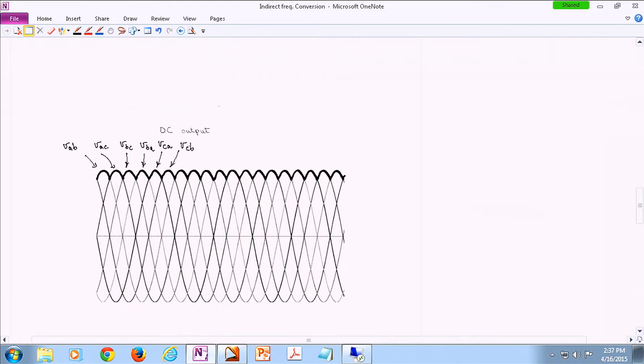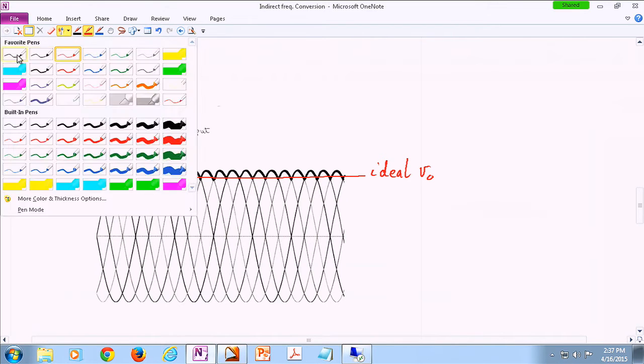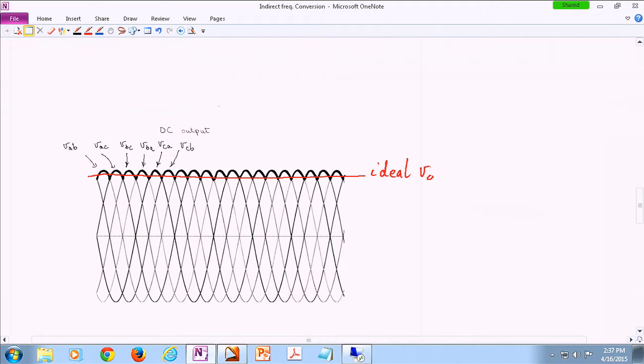Okay. So technically, any signal that you want, as long as it is within this area, you can see which one of these line-to-line voltages is closer to what you want, and then basically jump from one to the other if need be. Let's say, for instance, my objective is to generate a DC output voltage. Okay, ideal output voltage. And then I can say, okay, in this time interval, let me use blue.